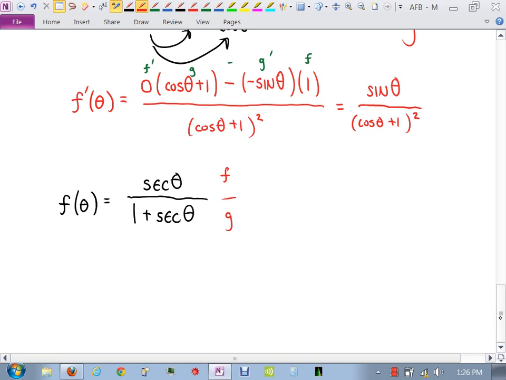All right, there's my f and there's my g. So my derivative would be f prime g minus g prime f all over g squared. So the derivative of the top, derivative of secant theta, is secant theta tangent theta times the bottom, right? Which is 1 plus secant theta, minus, what's the derivative of the bottom?